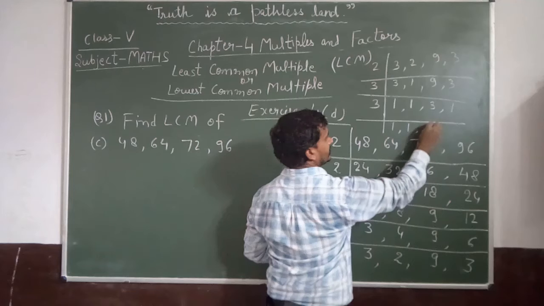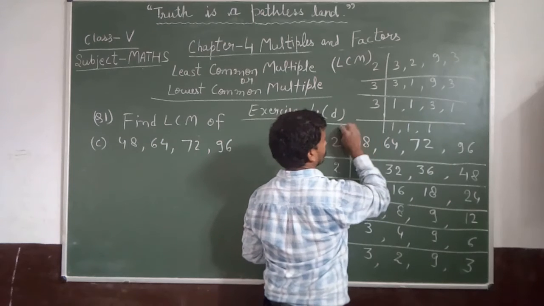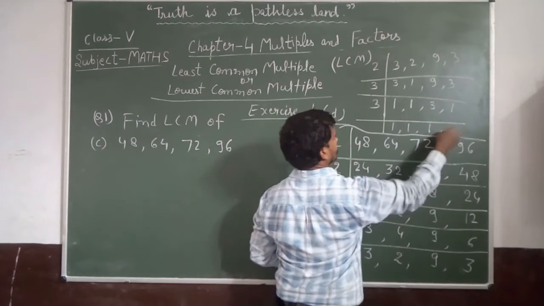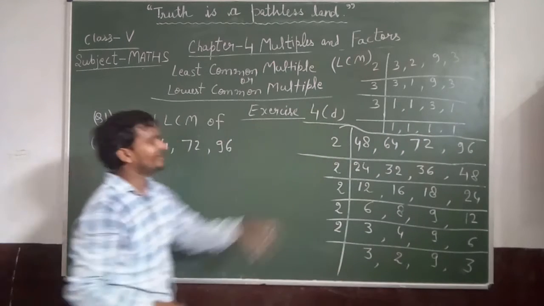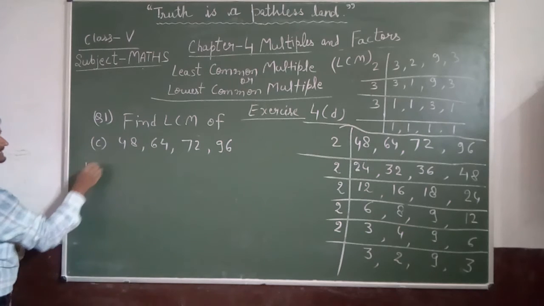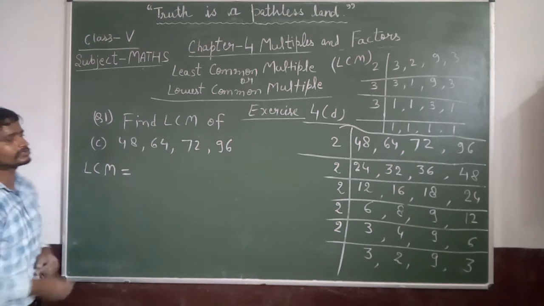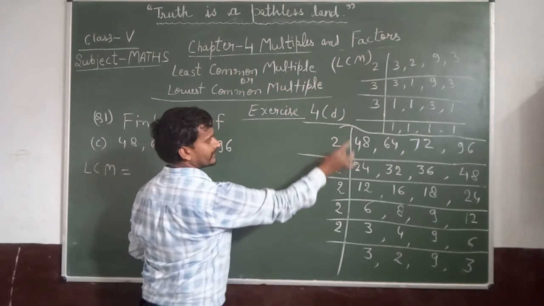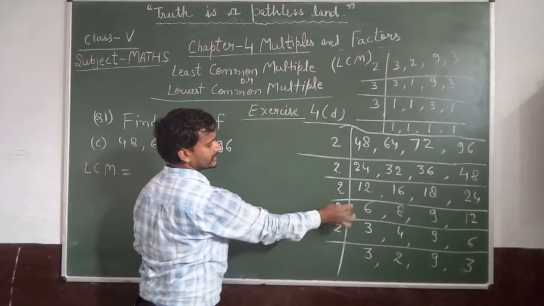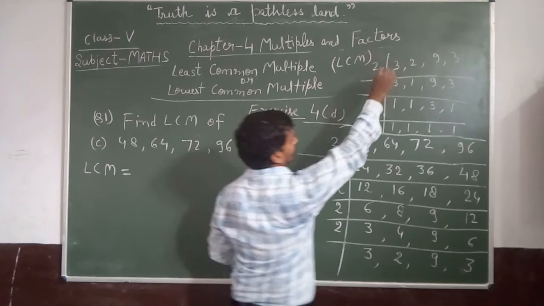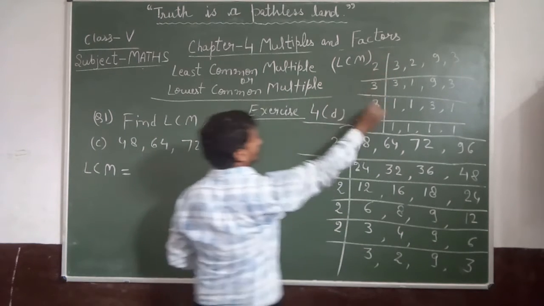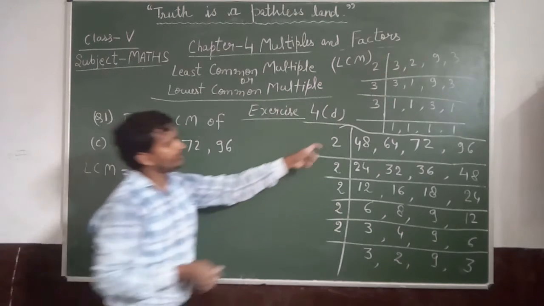Here 3 divided by 3, 1. And it is 1. Now we can write LCM equals to 2 multiplied by 2 multiplied by 2 multiplied by 2 multiplied by 2 multiplied by 2 multiplied by 3 multiplied by 3 in this way.